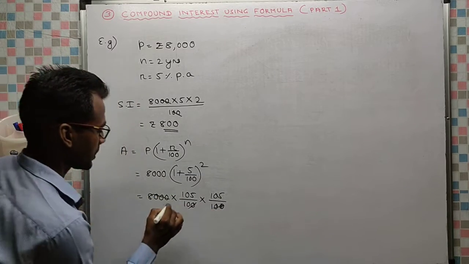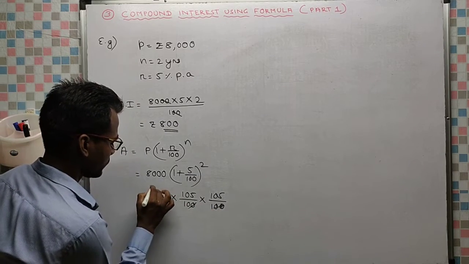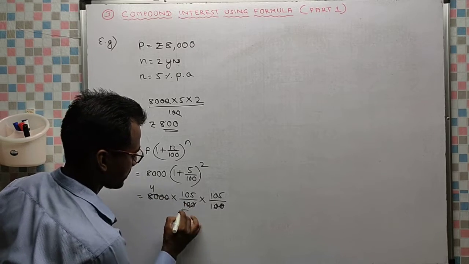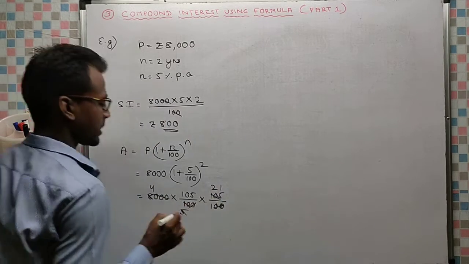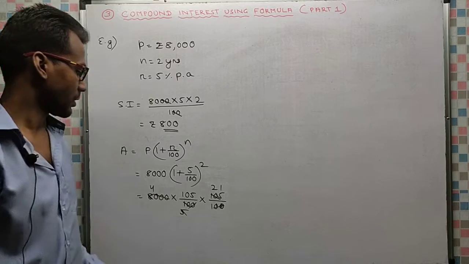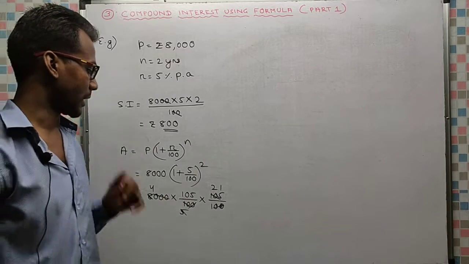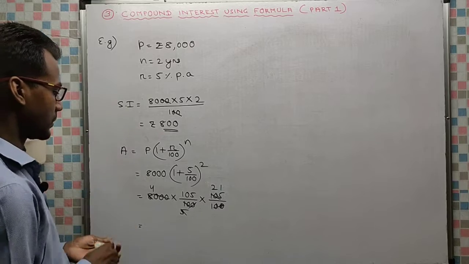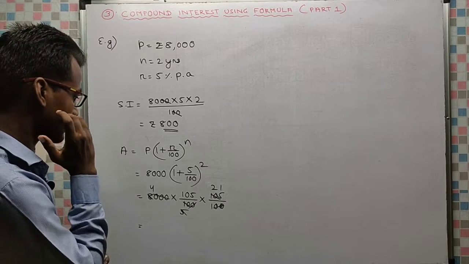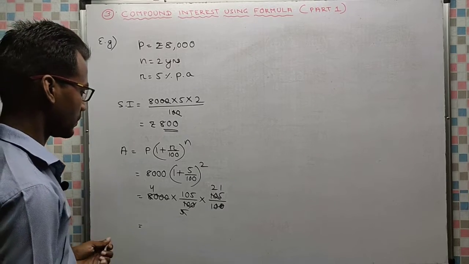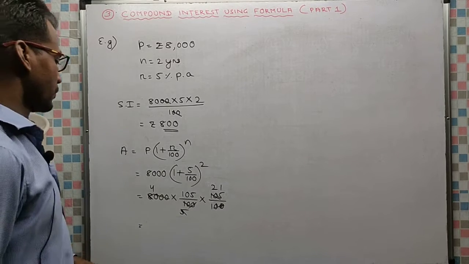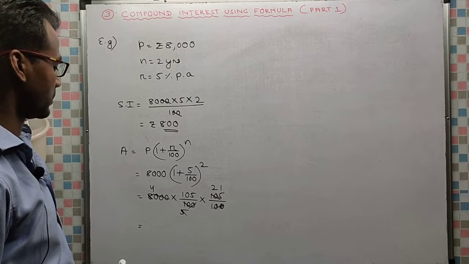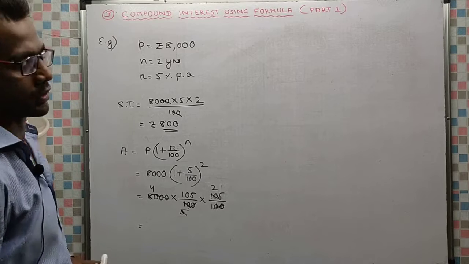Three 0s cancel. Then 2 4s are 8, 2 5s are 10, 5 21s are 105. So we have to multiply 4, 105 and 21, which is equal to 105 into 4 is 420, 420 into 21.